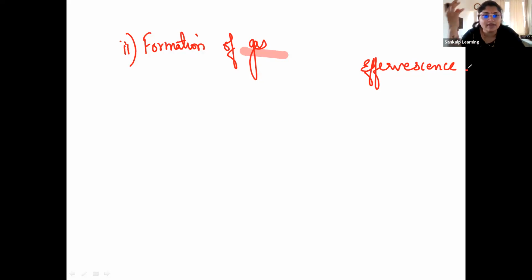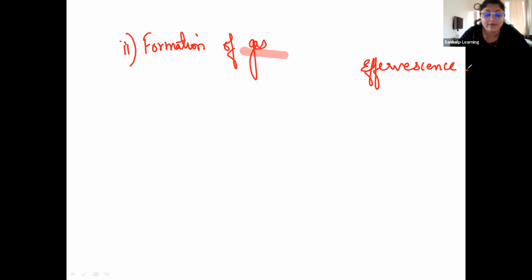When the bottles are filled, they compress them with carbon dioxide gas. So when you release it, you get that sound of effervescence.